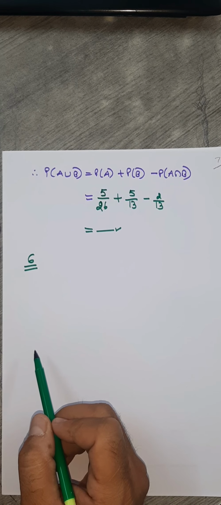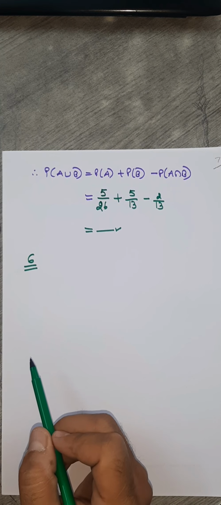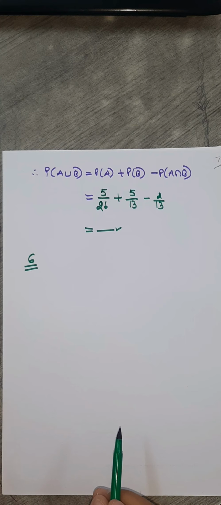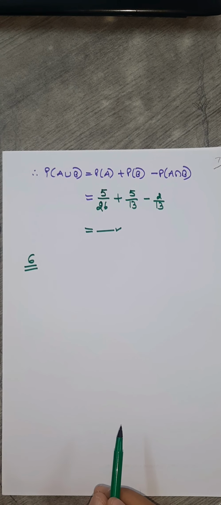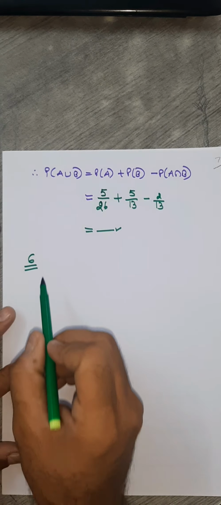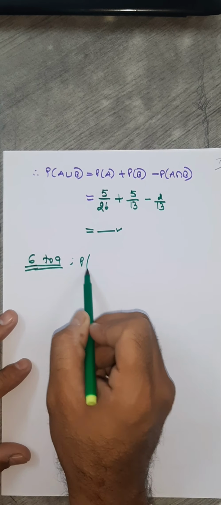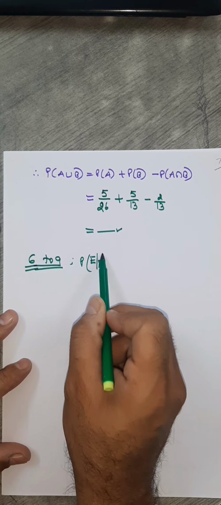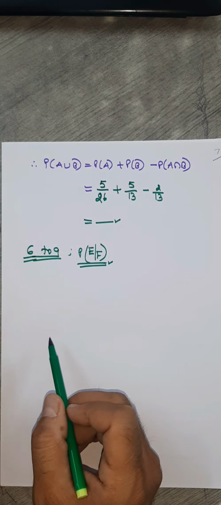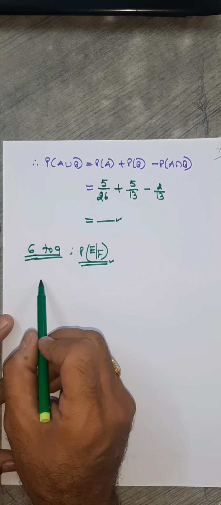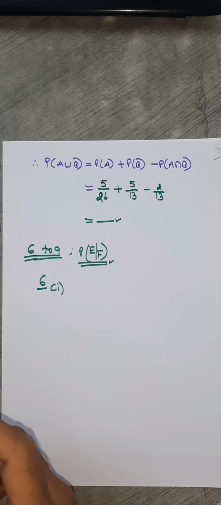And you are asked to find in the 6th question the conditional probability of E given F. Not only in 6, but in 6 to 9, in all these 4 questions you want to get this conditional probability, probability of E given F. So you can do it directly or you can use the formula. Choice is yours, whichever way you want to do. I'll go to the 6th first.